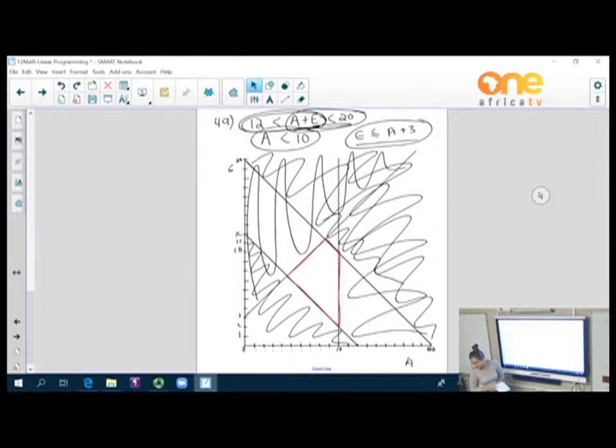And then for number C, again, you need to give 2 possible combinations for Argentina and England that will satisfy all 3 conditions. That depends on your answer, depends on your graph. Just make sure, as in the previous one, that it falls within this range, that red part that is not shaded.